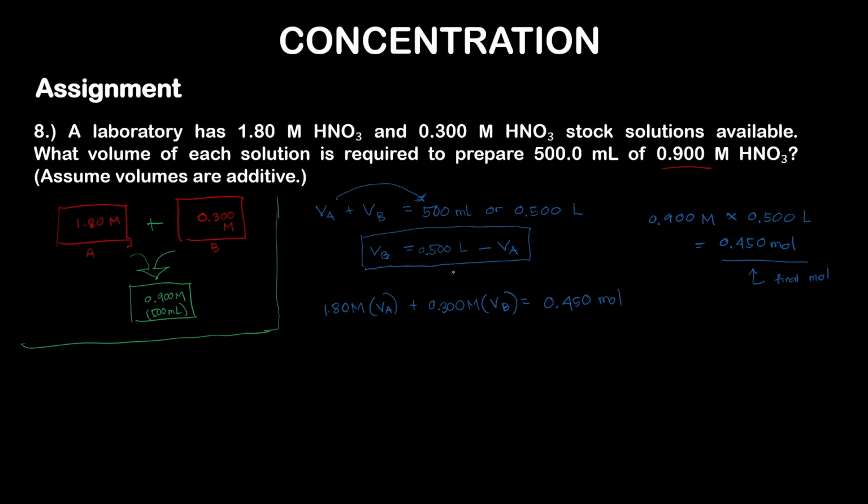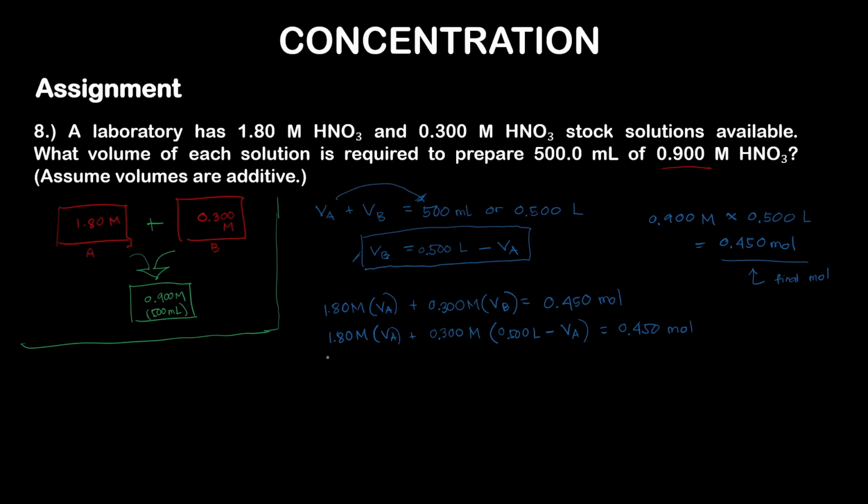From this, we can use the value that VB is equal to 0.500 liter minus VA. So 1.80 molar VA plus 0.300 molar times 0.500 liters minus VA is equal to 0.450 mole.